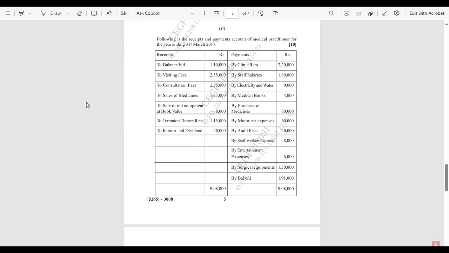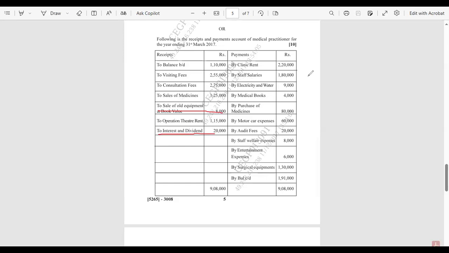Now first, interest on dividend is not my business income. Sale of old equipment is not business.